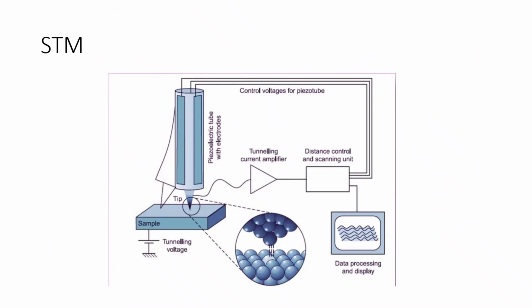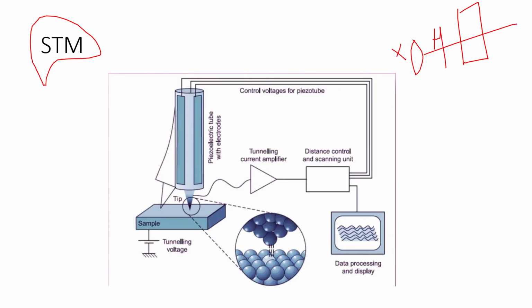STM, scanning tunneling microscope. Oh my god, this is an amazing thing. Let me tell you what tunneling is. If there is a wall of height h, and you are a person of height x, then you can never cross this wall in classical physics.